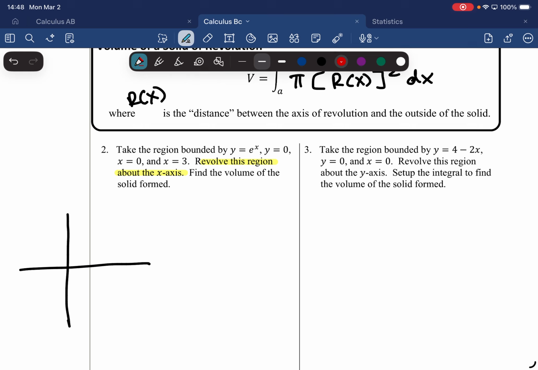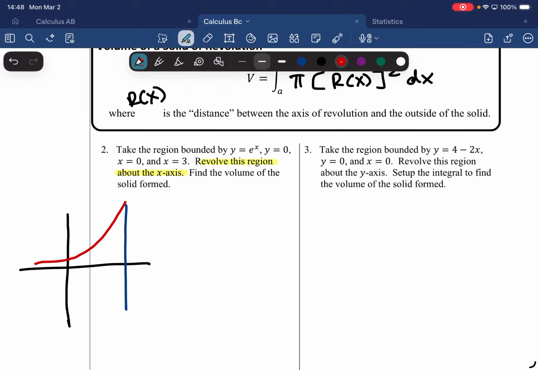Okay, so I have e to the x. I have x is equal to 3. And technically x equals 0 is my y-axis, so I don't really need to draw that. Before I determine my revolution, I'm going to do a mirror image of e to the x.